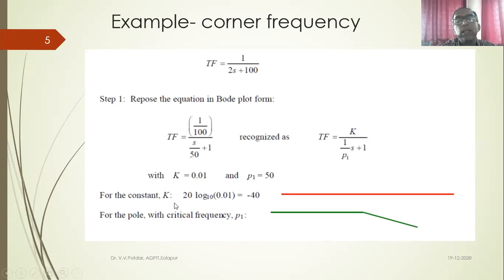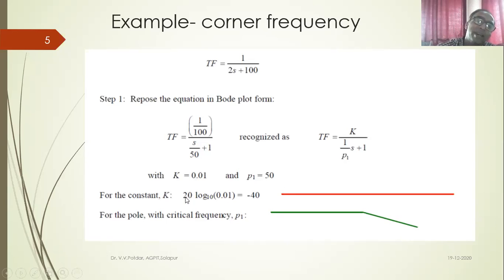The plot for constant K, we have just seen how to plot it, is a straight line. What is the value of K? K is 0.01, right? So 20 log to the base 10 of 0.01. What is the log to the base 10 of 0.01? It is minus 2, just by observation, we already studied logarithms.